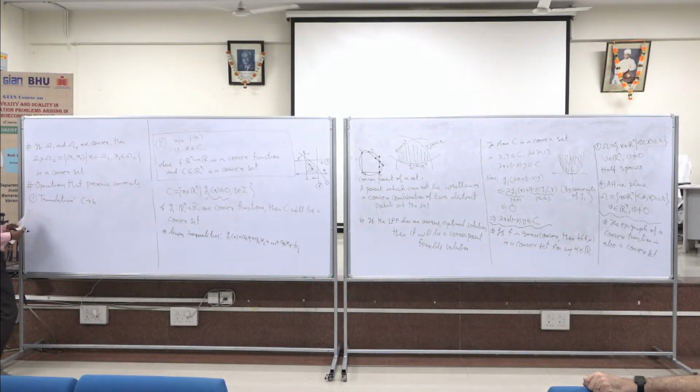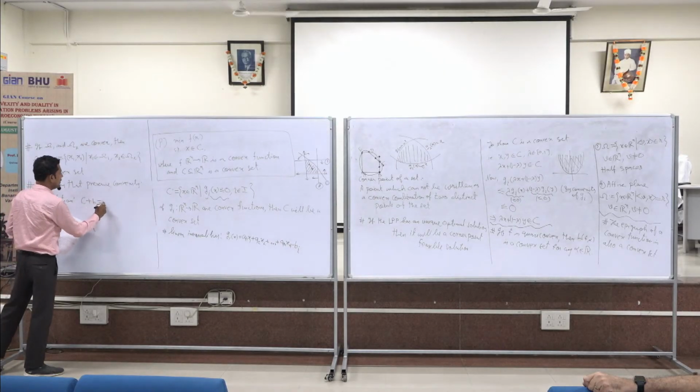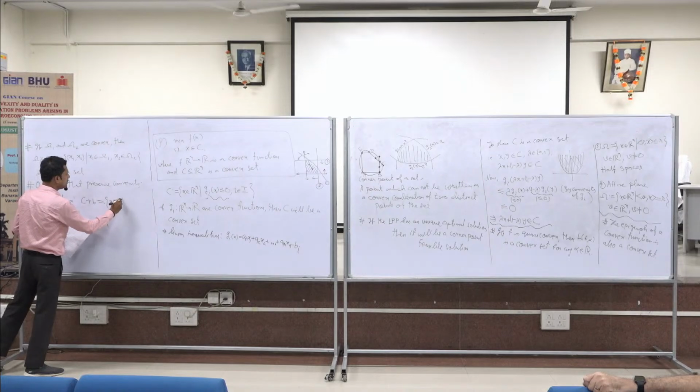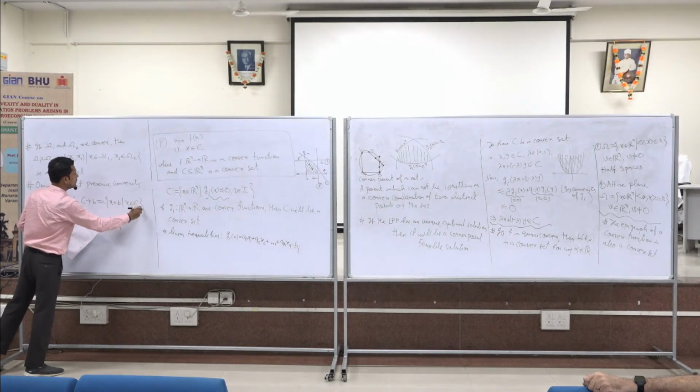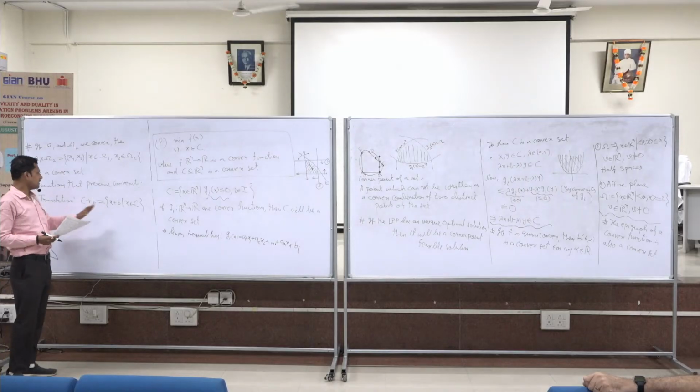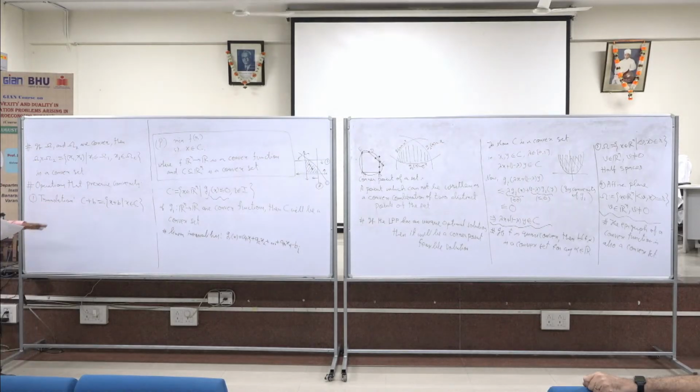So you have the set of x plus b such that x belongs to C. Every element of the set is added with some number, and that will be a new set. But this will preserve the convexity, and you can use the definition directly to find out whether this is true or not.